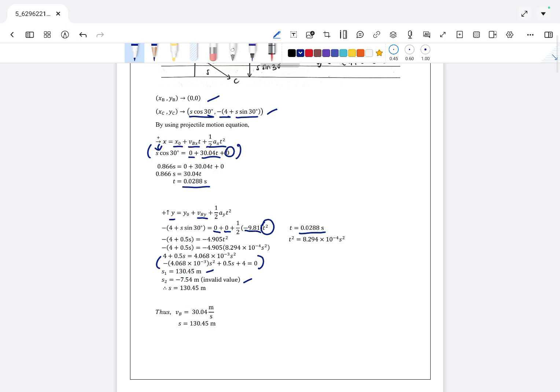So thus VB will be 30.04 meters per second and the distance of S will be 130.45 meters here.